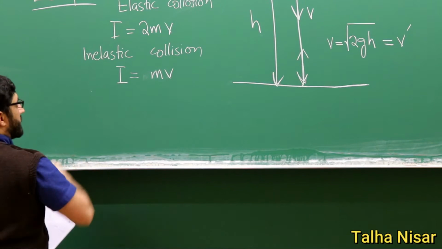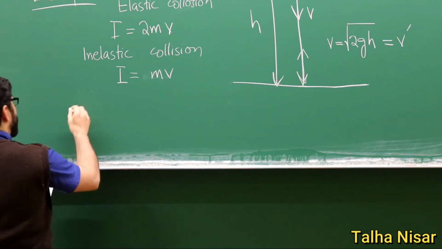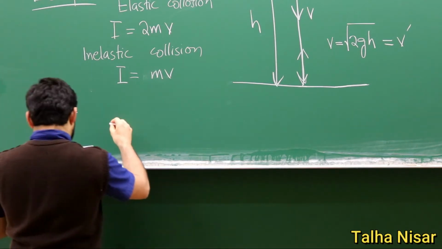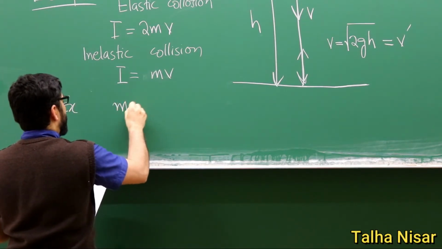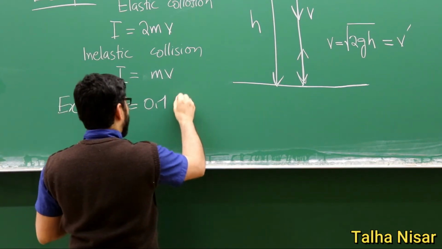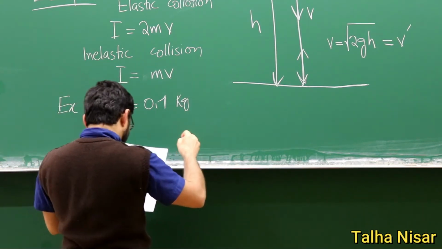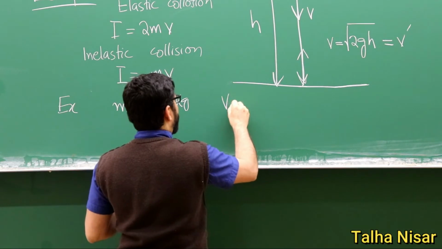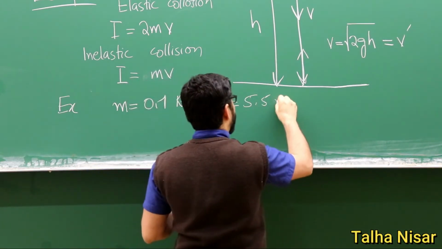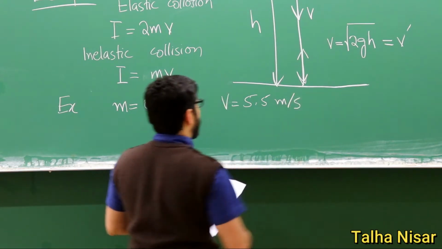Now, to give you some ideas, we will take an example. We have m equals 0.1 kg, and the velocity is 5.5 meters per second.